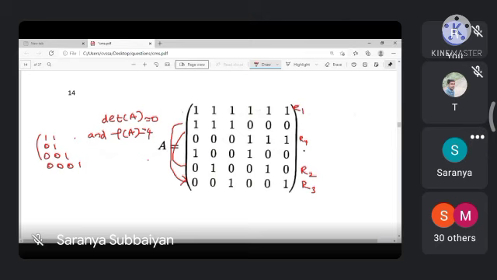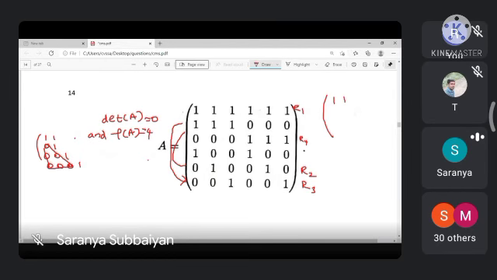Finding rank, you always have to think about an upper triangular matrix. Upper triangular or lower triangular, your wish.